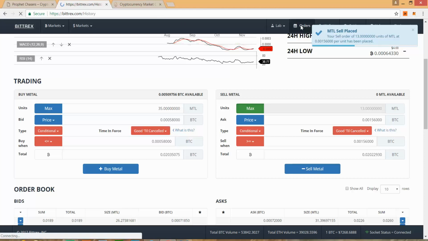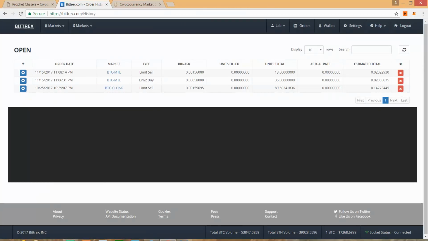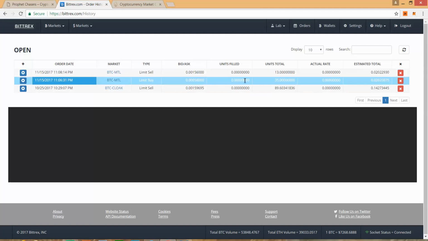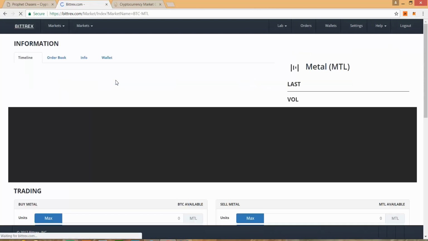So we can go into our orders now, and you'll see that we have a limit sell, which is our profit taking, and an order to buy into the coin at a lower price.